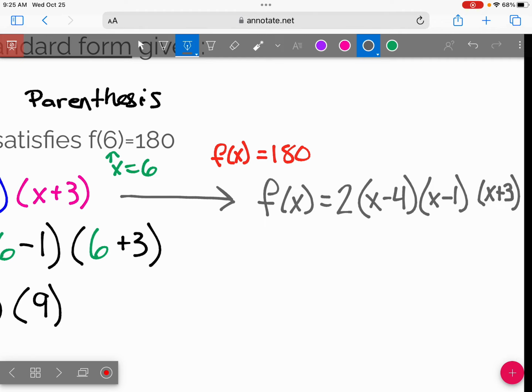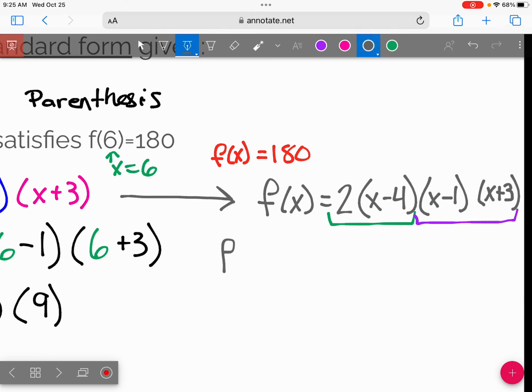We got way too many parentheses here, so we multiply out. I tend to multiply in pairs because it's way easier. So I'm going to multiply these two pieces, and I'm going to multiply these two pieces for my first set.